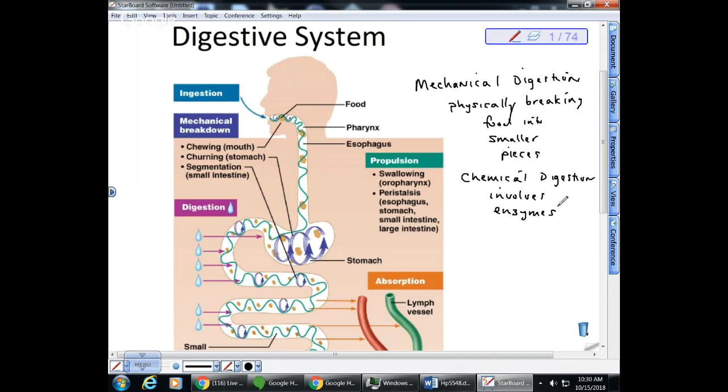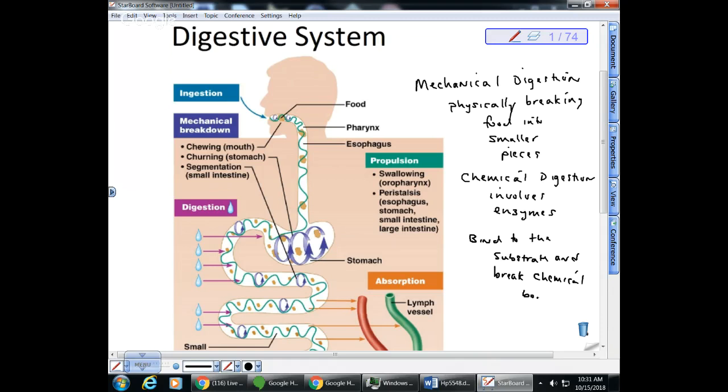So when we talk about enzymes, these actually break molecular bonds, but that mechanical digestion allows for there to be a greater surface area over which digestion can take place, over which the enzymes bind to the surface. So they bind to the substrate and break chemical bonds.